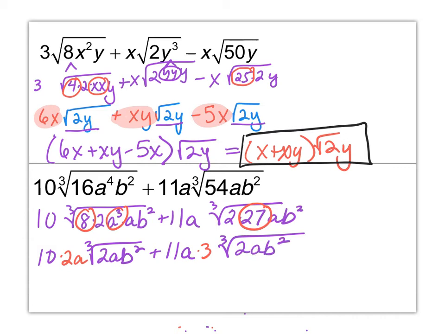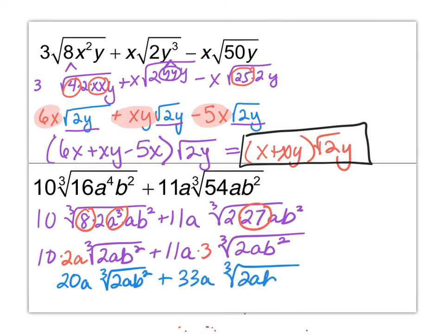So we end up with like terms. We can simplify the coefficients of those radicals. So we get 10 times 2a, which is 20a, times the cubed root of 2ab squared, plus 11a times 3, which is 33a, times the cubed root of 2ab squared.